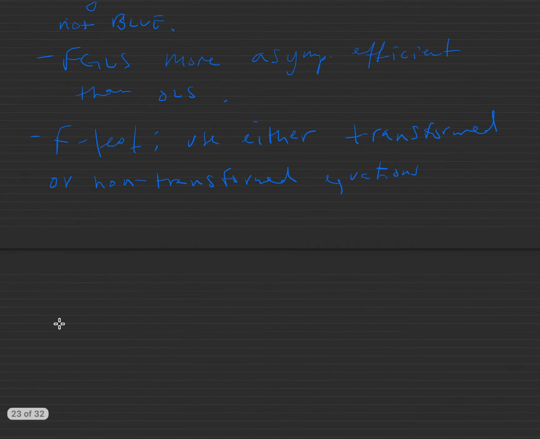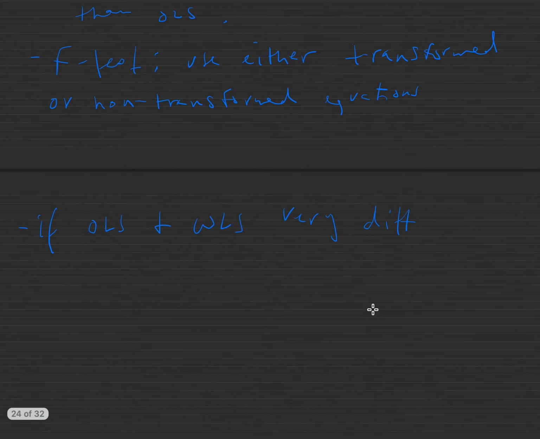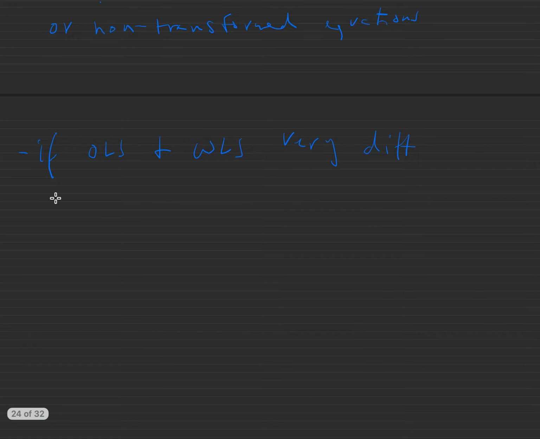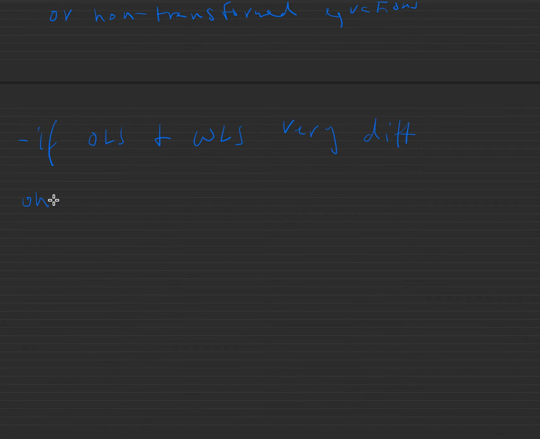Now, if the estimates from OLS and WLS are very different, it's likely one of the multiple linear regression assumptions is violated.